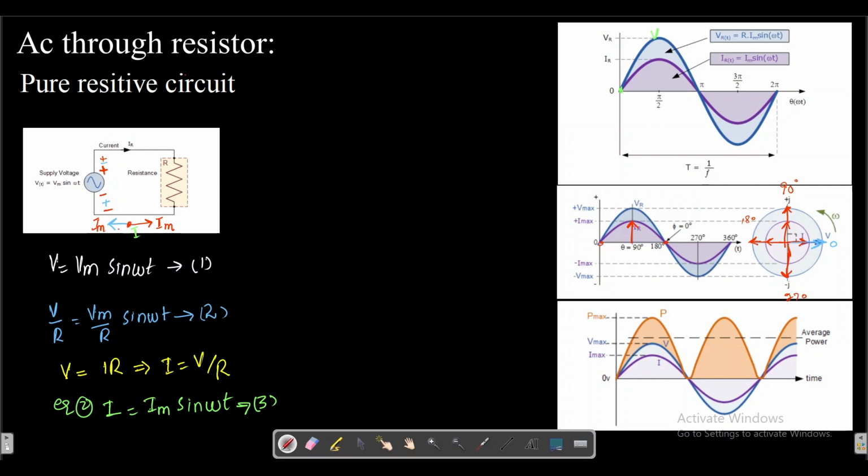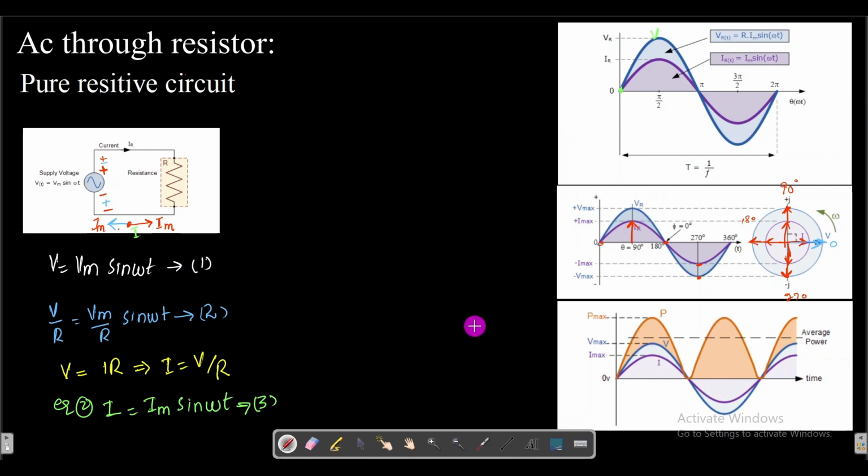This is the phasor for the alternating voltage, and its projection gives the maximum value in the opposite direction. And here we have the phasor for the current, with less magnitude, and its projection is given by this. So this is the phasor diagram for the alternating current and voltage through a resistor.